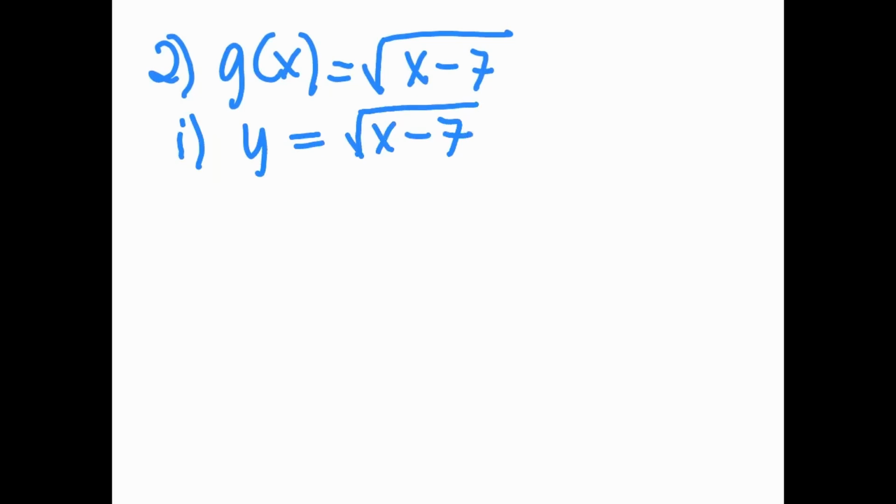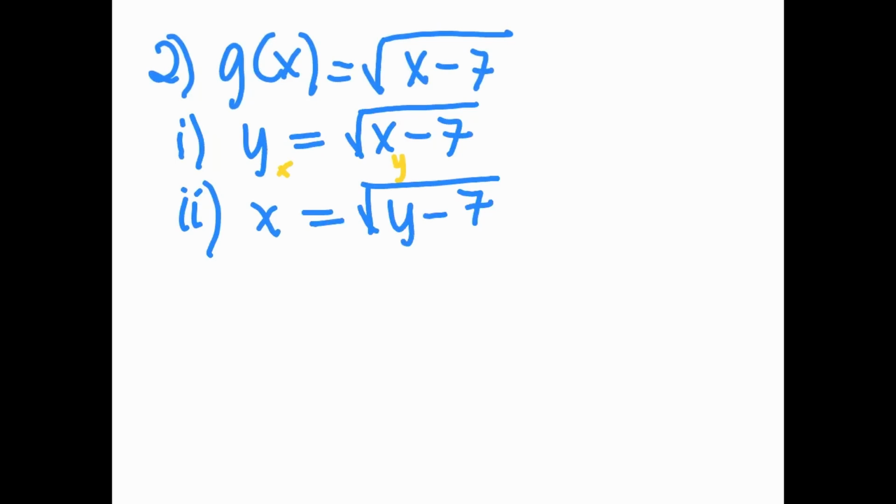Then second step is replace y with x and replace the variable x with y, and we'll come up with that equation: x is equal to the square root of y minus 7. Now in the third step, we need to isolate y on one side of the equation. That is, we'll solve for y.